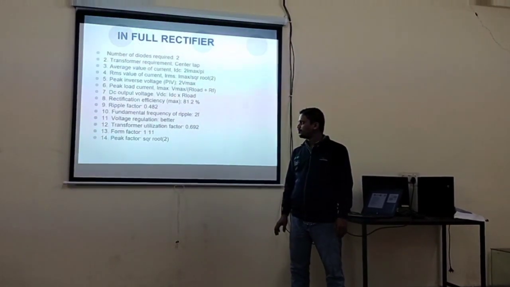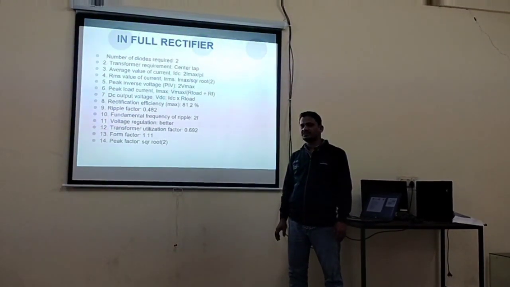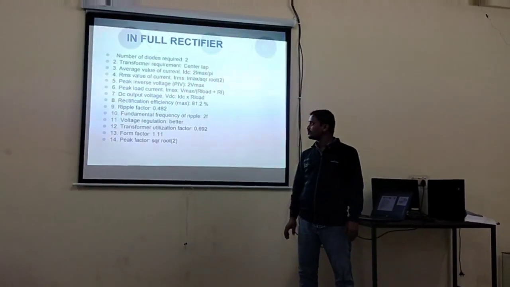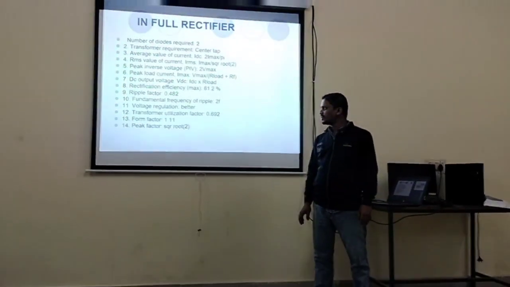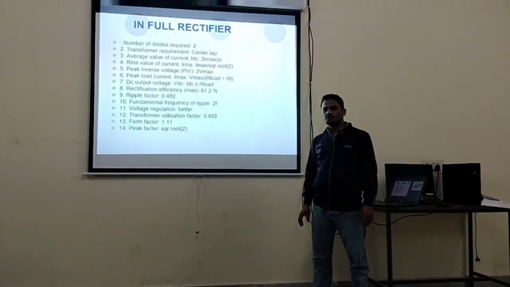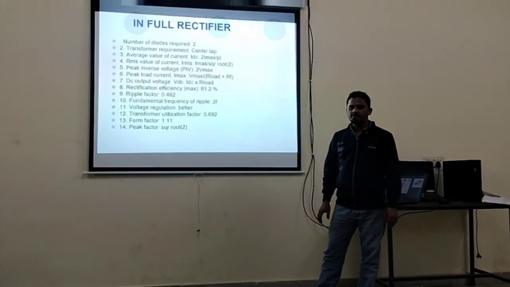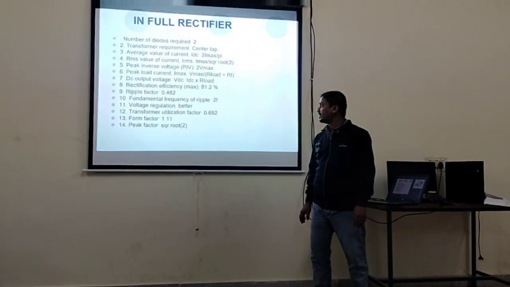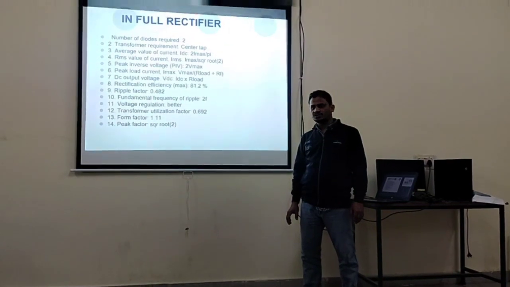Fifth, the peak inverse voltage, PIV, is 2Vmax, that is Vm plus Vm. Sixth, the peak load current, Imax, is Vmax by RL. Here RL is the load resistance.